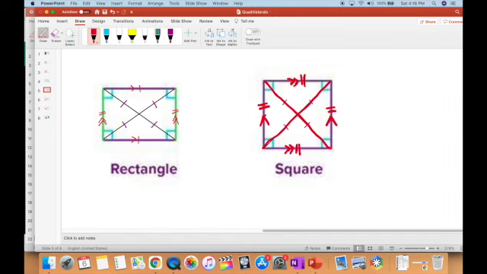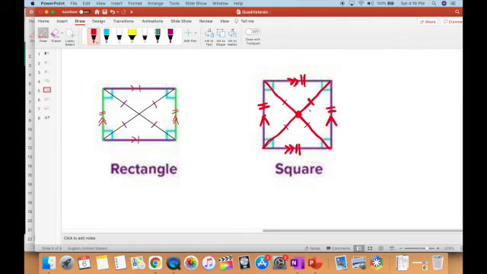the diagonals bisect each other. The diagonals bisect each other. So what does that mean? Well, that means that this here will be a center point.